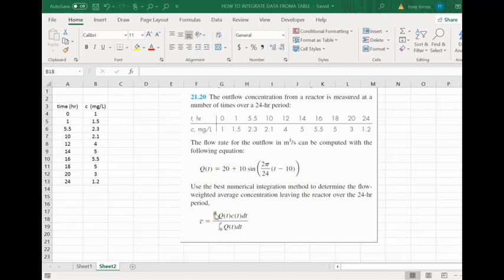So you have the average flow, or the average mass, so to speak, divided by the average flow. So with that said, as shown on this formula, we just need the average of Q multiplied by C. All right. And so let's work that out.